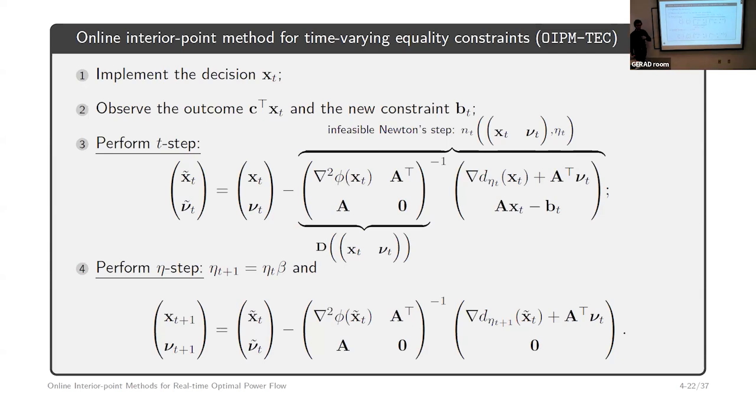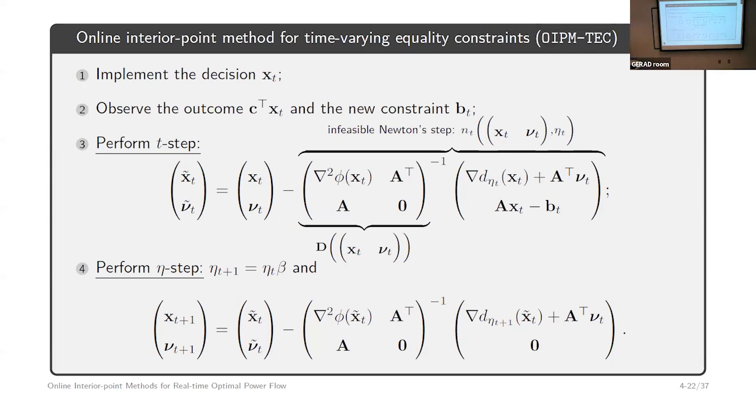Once this is done, there's another step to be done. We'll call it the eta step. First, we increment the barrier scaling factor eta, and then we perform a feasible Newton step. When this is done, we get our new xt plus 1, and we can send it to the system.